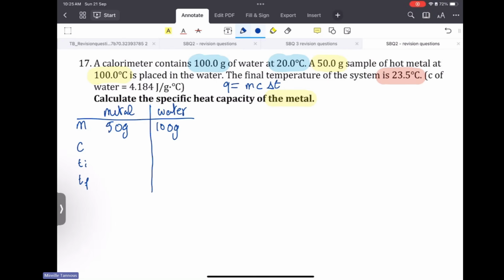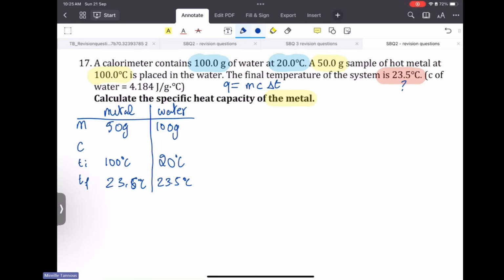The temperature of the metal is 100 Celsius, and the temperature of the water is 20 degrees Celsius. Now, this one is common for both. So it is 23.5 degrees Celsius for the water and the metal after they exchange heat.